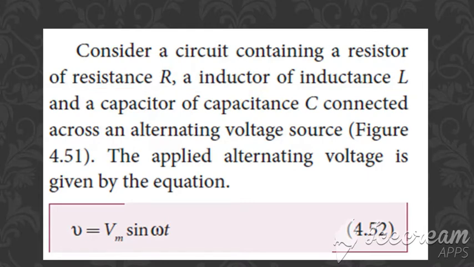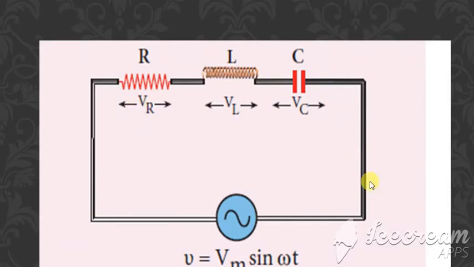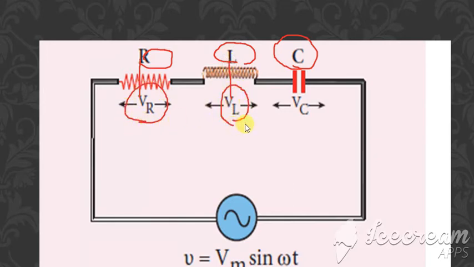Is it not? So consider this equation, and this is how all these three are connected. This is the resistor, this is the inductor, and this is the capacitor. There is voltage across R, that is given by VR, voltage across L, which is VL, and voltage across the capacitance, which is VC.